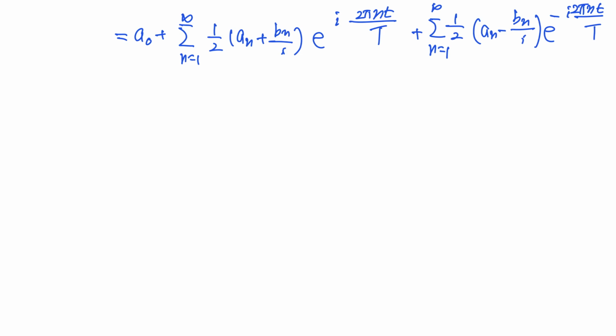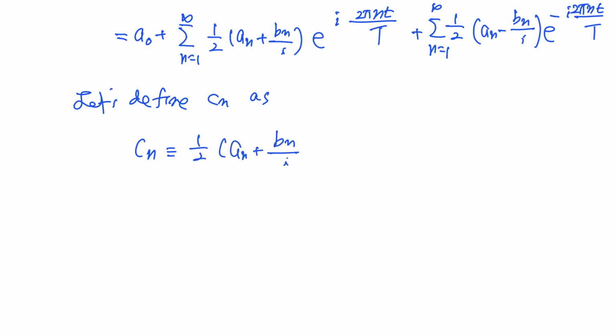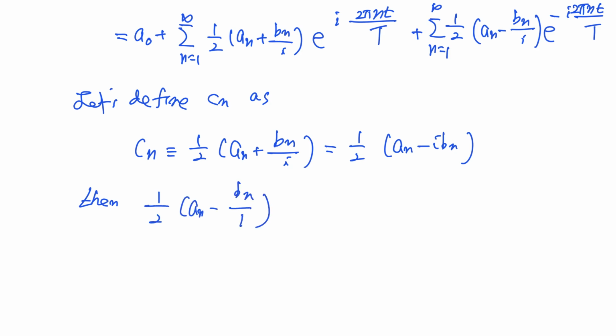So let's define Cn. Cn as 1 over 2 times an plus bn over i, or an minus i bn. Then the other coefficient, an minus bn over i, which is given by an plus i bn, can be written as Cn's complex conjugate, right?